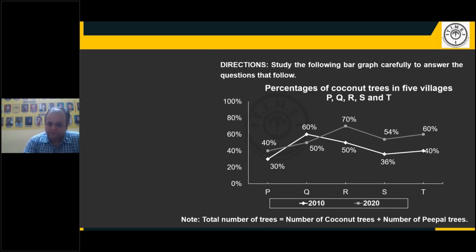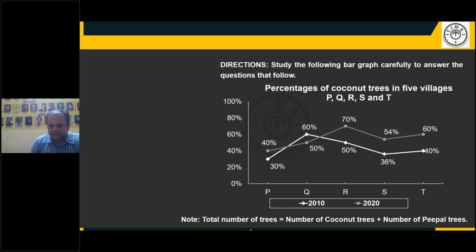Please go through this data once. This bar graph gives you the percentage of coconut trees in 5 villages P, Q, R, S, and T, for 2010 and 2020. 2010 is marked with a diamond, and 2020 is marked with a circle. You can also see the difference in the colors. There are only two types of trees.